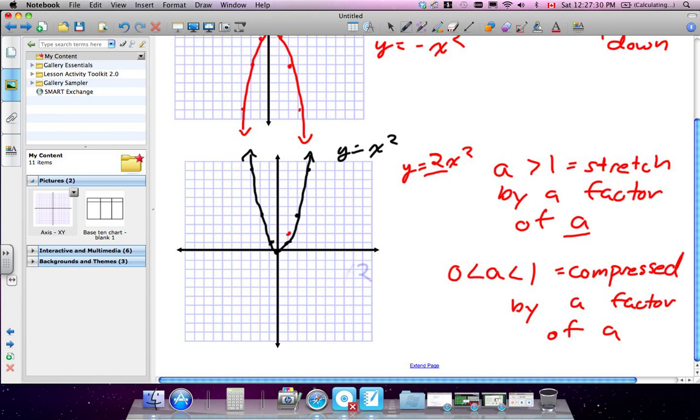Same idea if I go the other way. I go back 1, so negative 1. I square it, and then I multiply by my a, whatever my a is, so by 2. Negative 1 squared is 1 times 2 is 2. So I go back 1, up 2.